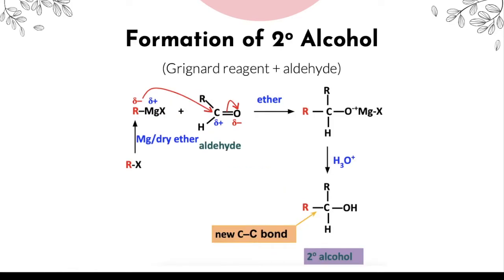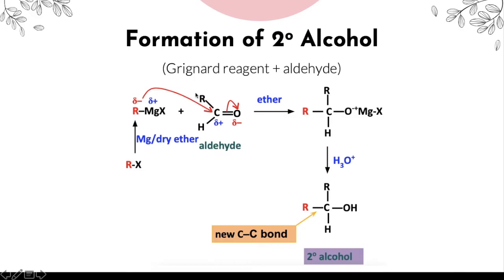Formation of secondary alcohol. In order to produce secondary alcohol, the reactants must be Grignard reagent plus aldehyde, and the aldehyde cannot be methanal. It must be other than methanal, meaning the aldehyde has one R group only.